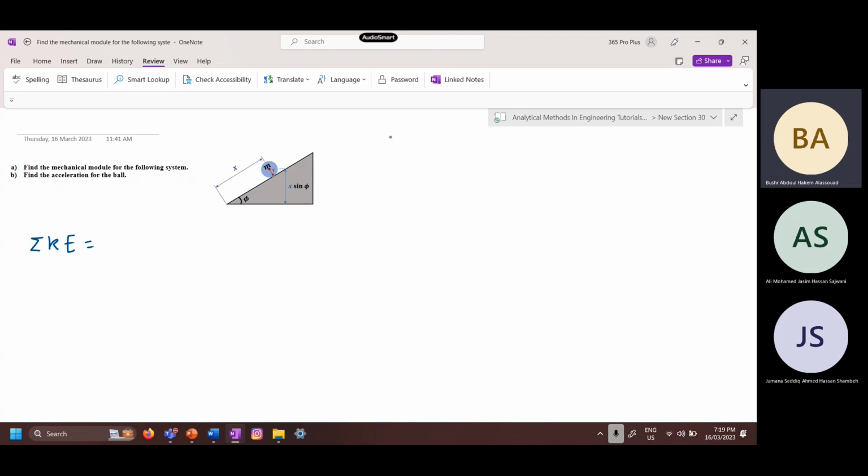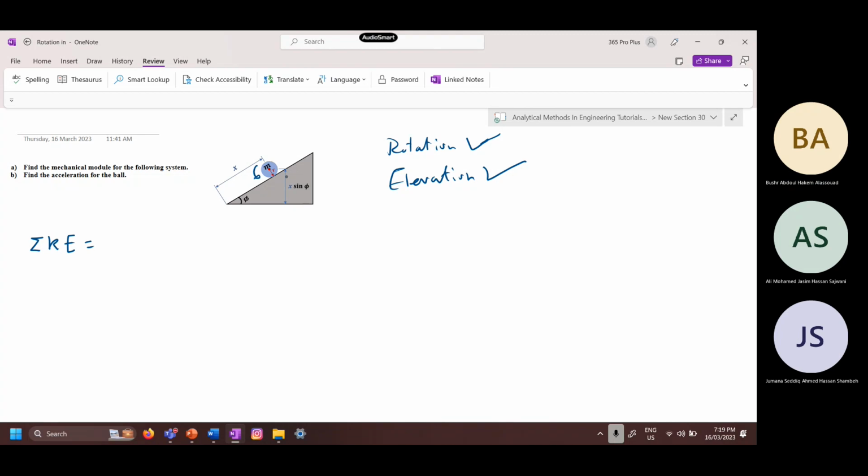You can see here that we have a rotation, because the ball is rotating, and we have an elevation. The elevation, you can see here, is changing on the inclined surface, and we have a velocity.